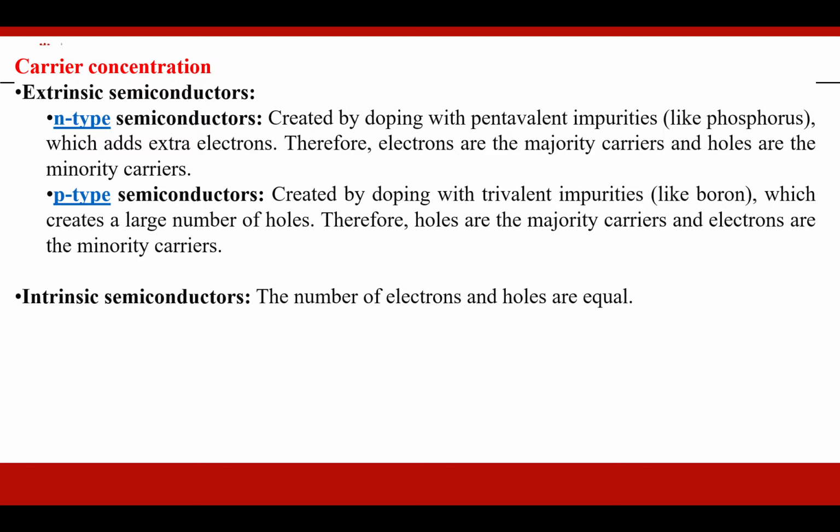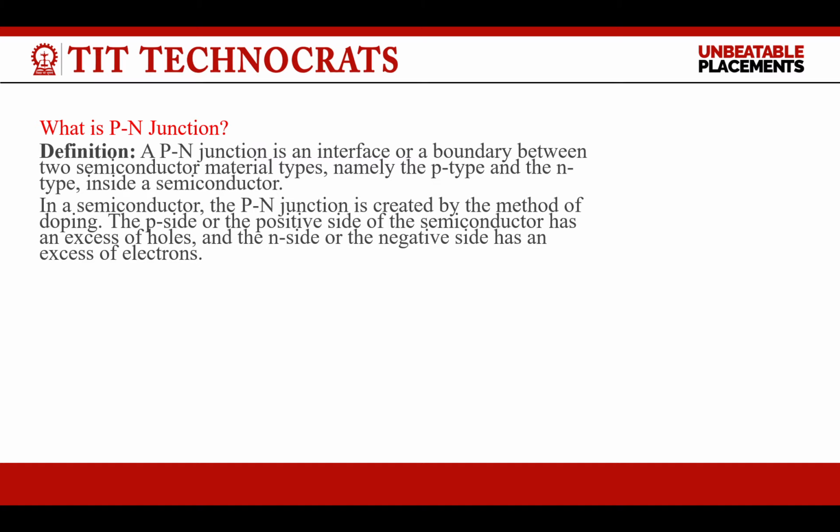Therefore, electrons are the majority carriers, and holes are the minority carriers. And the p-type semiconductor is created by doping with a trivalent impurity like boron, which creates a large number of holes. Therefore, holes are the majority carriers and electrons are the minority carriers. And in the intrinsic semiconductor, the carriers, that is electrons and holes, are equal.